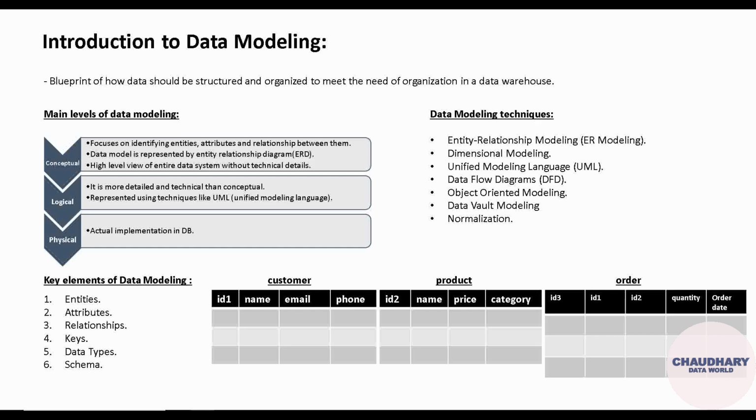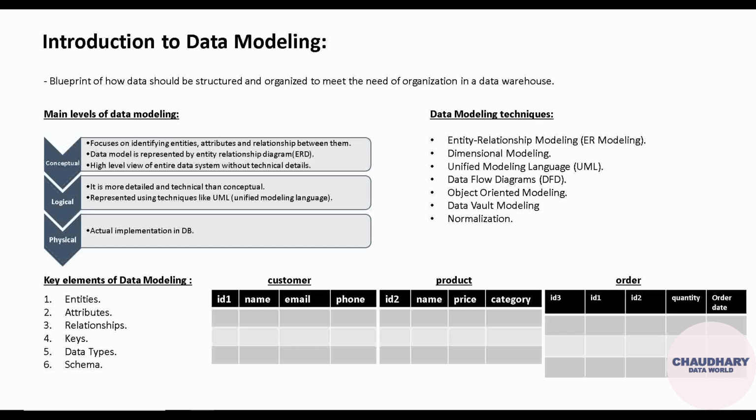Now another topic in data modeling is the key elements of the data model. There are approximately 6 key elements that I have written down: entities, attributes, relationship, keys, data types, and schema.